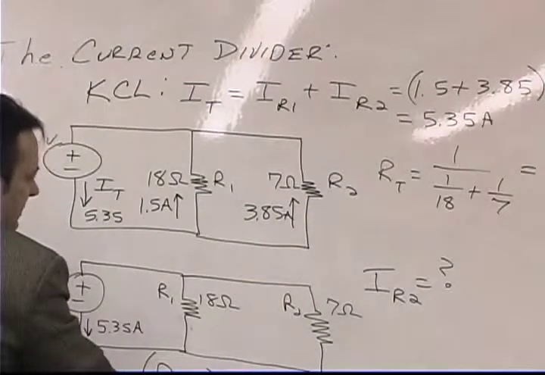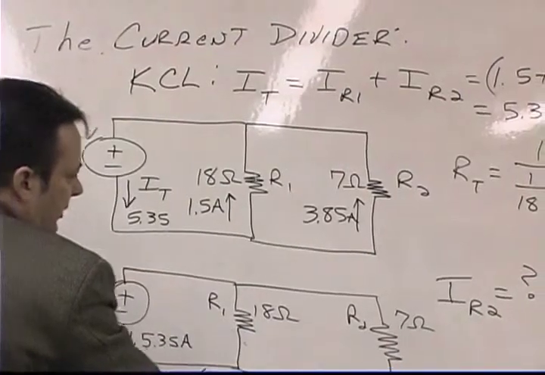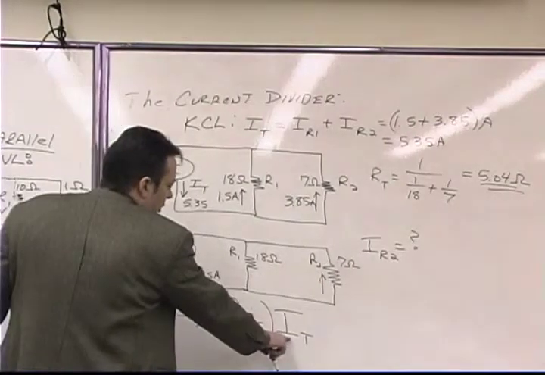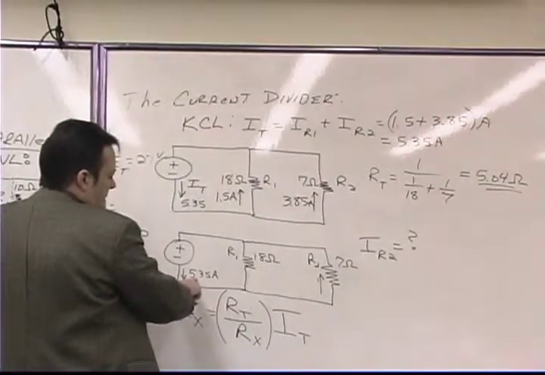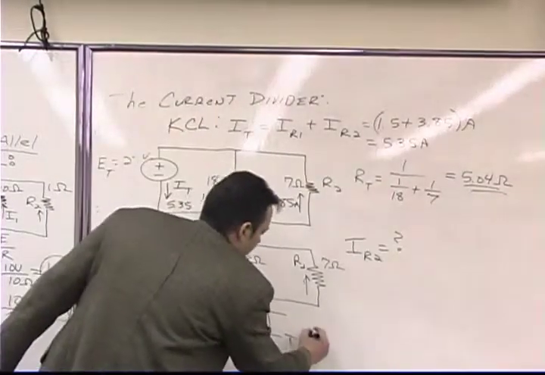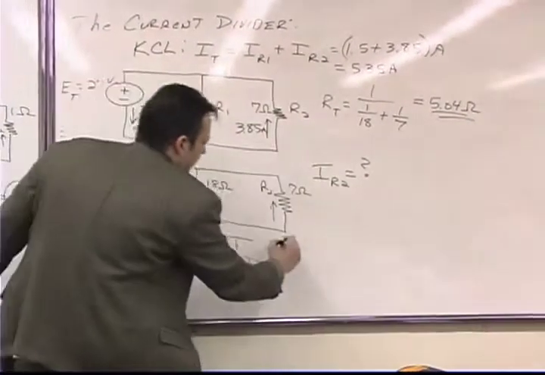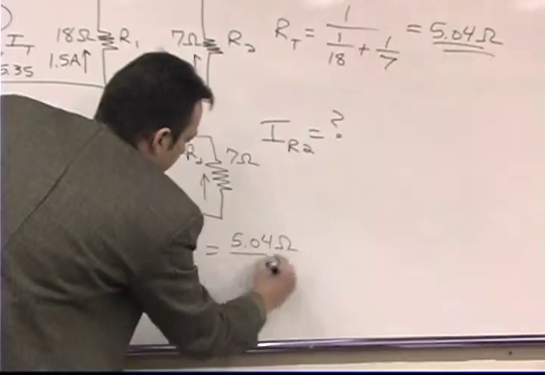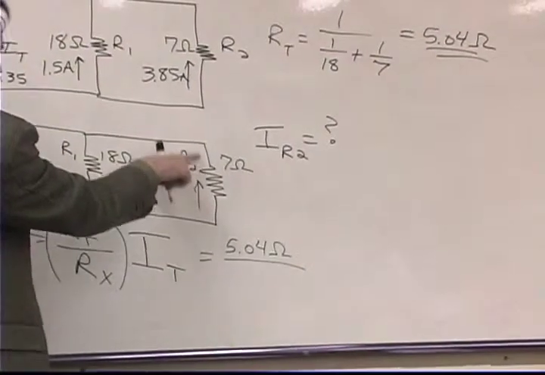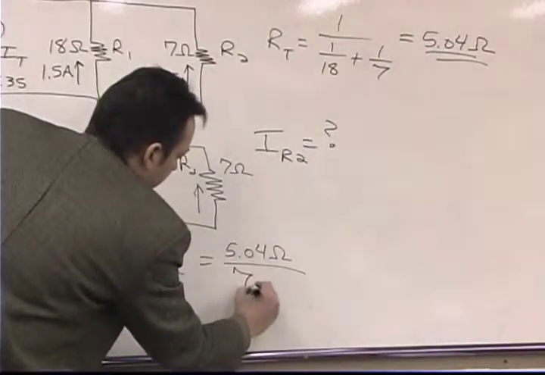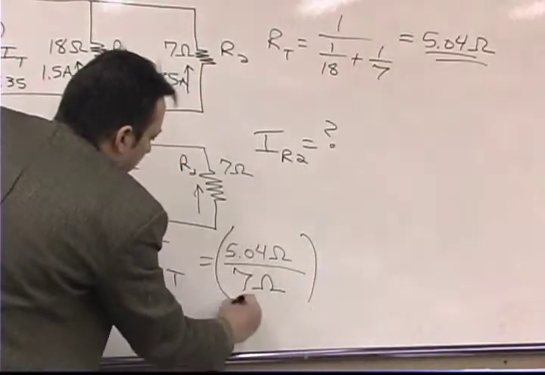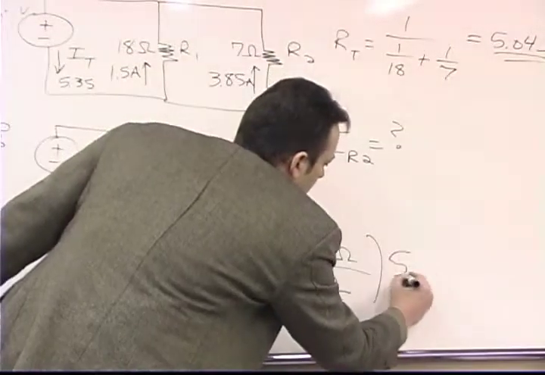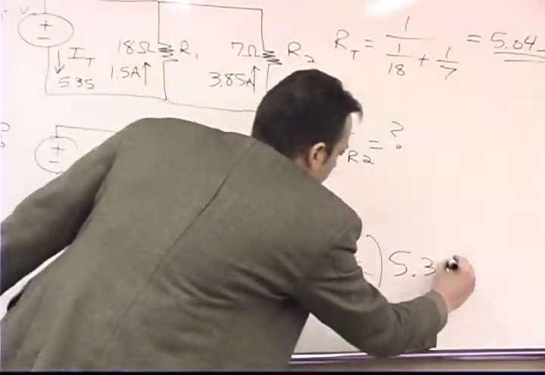What is R sub x, if we're interested in the current that's flowing here? 7 ohms. And then what is the total current? 5.35. So this is simply equal to the total resistance, which is 5.04 ohms, divided by the resistance of branch number 2, which is 7 ohms, multiplied by the current that's coming out of the battery, which is 5.35 amps.